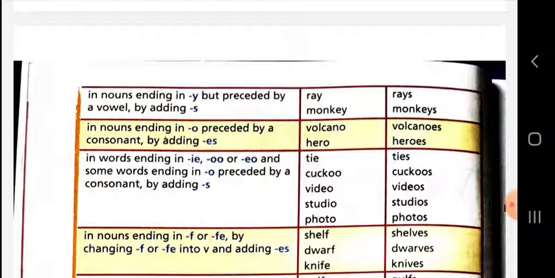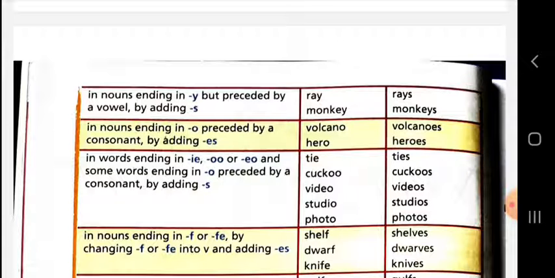If any one of these 5 letters comes before y, then you need to add only s to make its plural form. For example, ray: the last letter is y, but a vowel is written before y, that is a. Then you will add only s, rays.